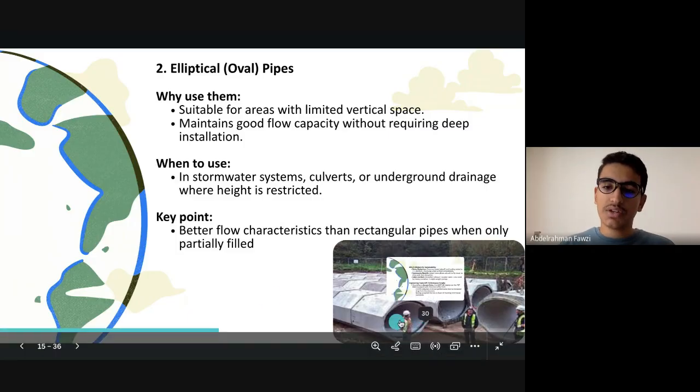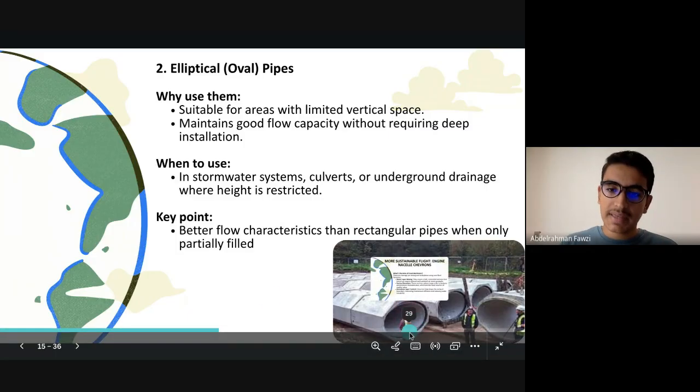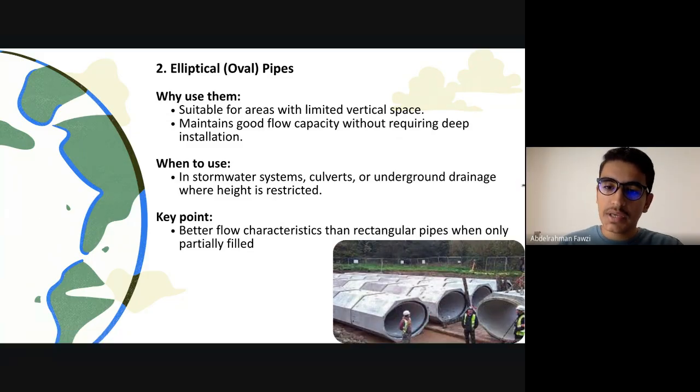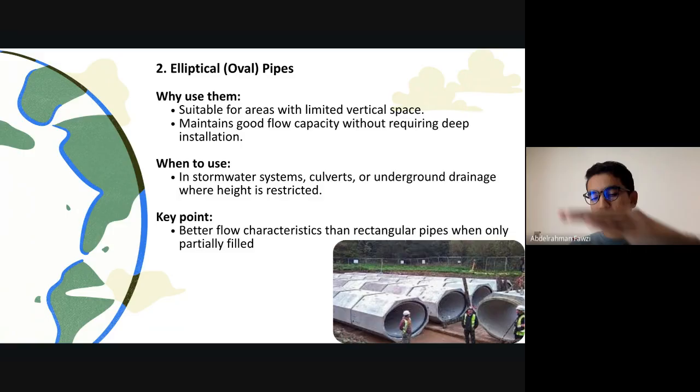As you can see, the vertical height is different than the horizontal width. So if you don't want to dig deep on the ground, or even if you have, for example, small width, then you just switch the pipe like that, and you have a more efficient design for the limited area problems.